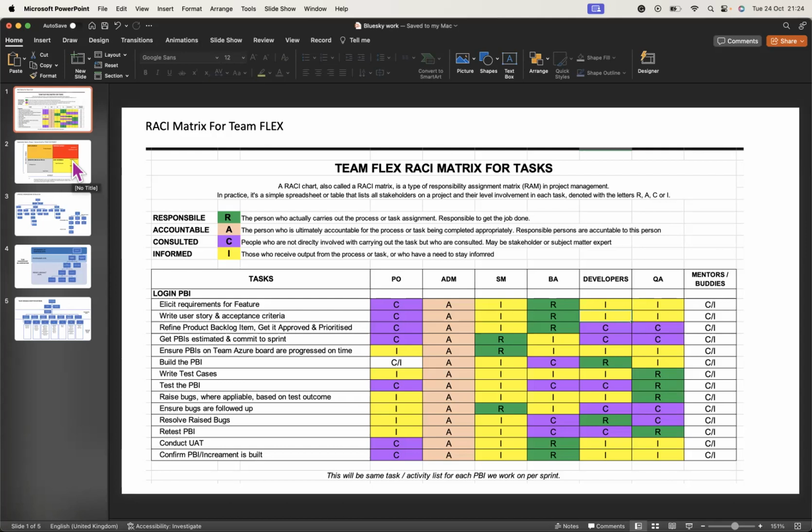The BA is not the one that is accountable for it. In some cases, if the user story is not written, it's not his responsibility to write the user story for you.